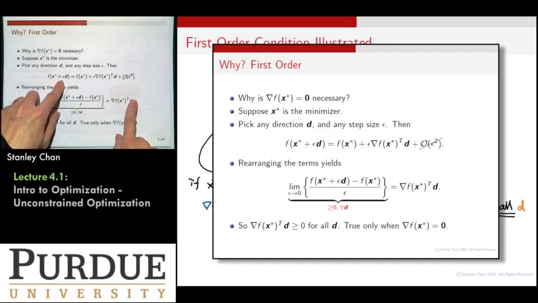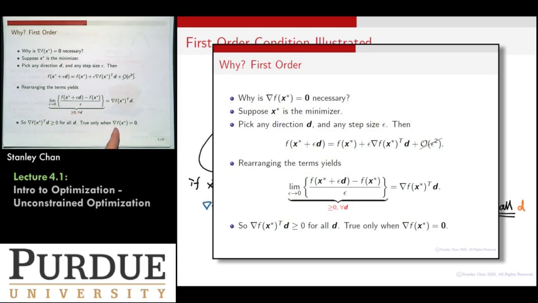Now, since this is already the minimum point, the expression here has to be positive. There's no way for it to be negative. That means the gradient of f transpose d has to be positive for any d that you choose. Now, how can you make this positive for any d?